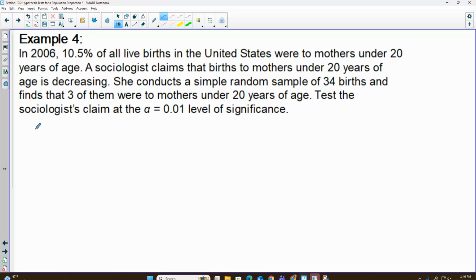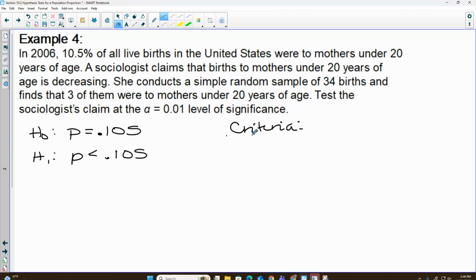So first, we need our null and alternative hypothesis. What's my null? P equals 0.105. What's my alternative? Less than. We do our criteria. What's my n? P, 0.105, 1 minus 0.105.